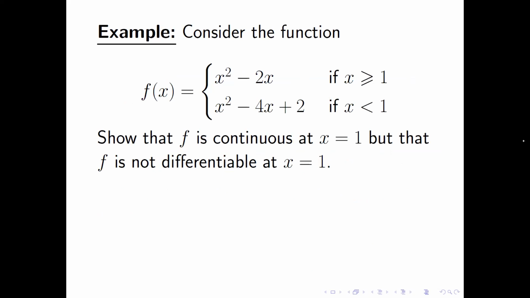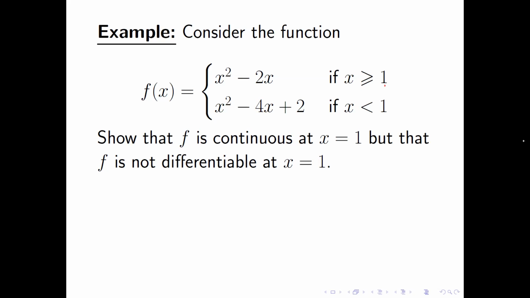Okay, so now let's consider a piecewise function, whereby we are going to look at the left and the right derivative and see if the derivative exists at that point. One can see that here the point will be 1. So we have a function which is defined piecewise.